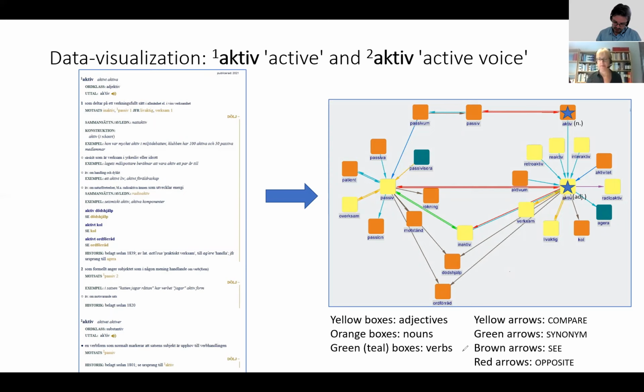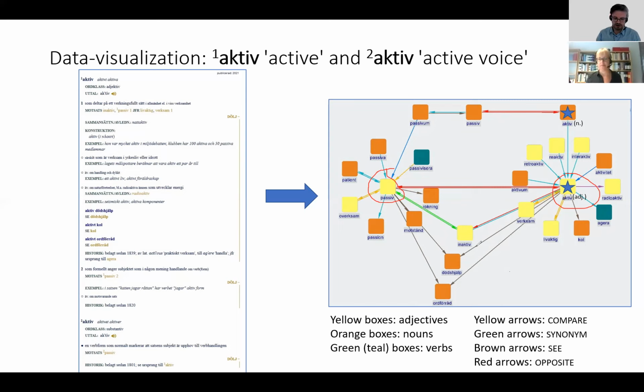And as you can see, these entries are treated in a rather consistent way, or this is at least an example of a consistent treatment. So for example, there are cross-references in both directions between the adjective headwords active and passive. And as you can see, between them, there are red arrows indicating an opposite relationship.